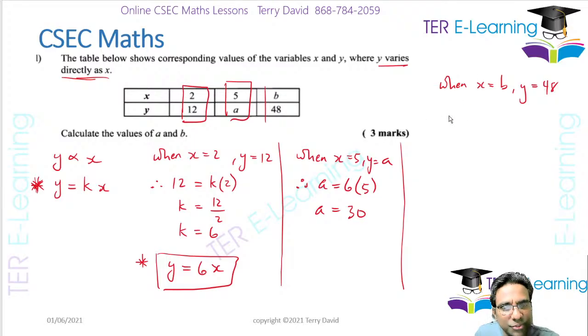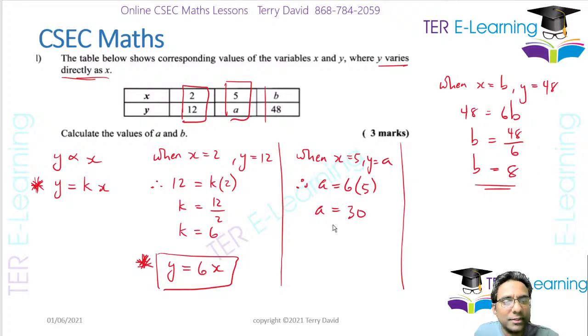So we're going to substitute that into this equation here that we already worked out. So y, which is 48, so 48 is equal to 6 multiplied by b. So therefore b is equal to 48 divided by 6. So therefore b is equal to 8. So look, I've worked out a and I've worked out b. So this is what we call a variation question, right?